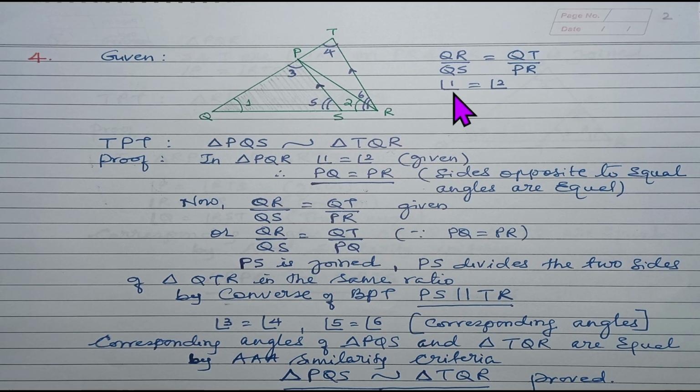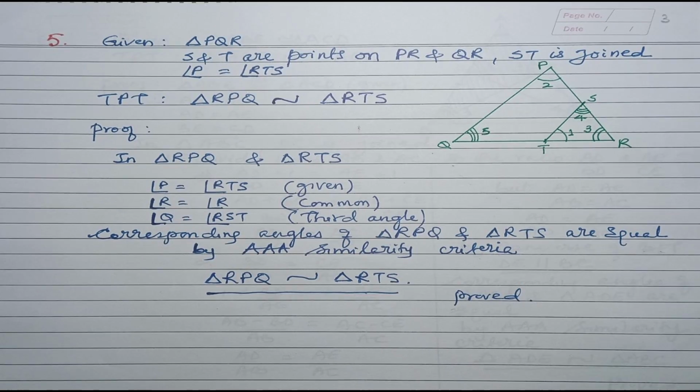So please remember this: once angle 1 is equal to angle 2, the sides opposite to them are equal, that is PQ is equal to PR. So by replacing PR by PQ, we could prove that triangle PQS is similar to triangle TQR. Remember that.